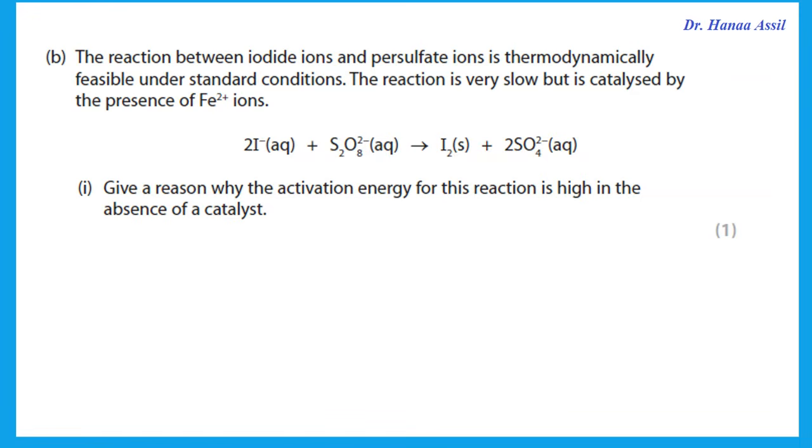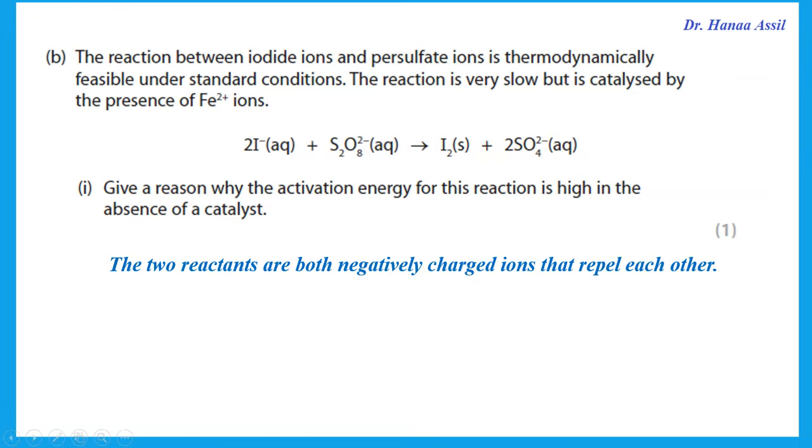Give a reason why the activation energy for this reaction is high in the absence of a catalyst. Why is this originally a very slow reaction? You should remember that this is because the reactants are both negatively charged ions, so trying to bring them together in order to react is difficult since they will repel each other.